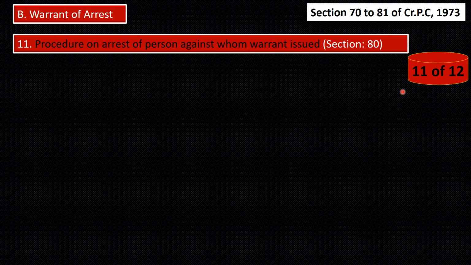Eleventh point of warrant of arrest: the procedure on arrest of a person against whom a warrant is issued, as per the provision of section 80 of the Criminal Procedure Code 1973.